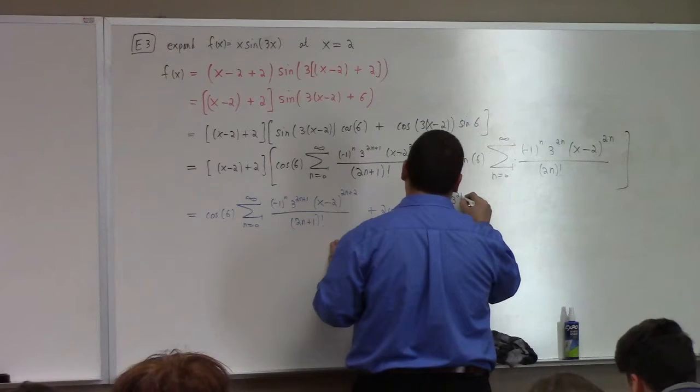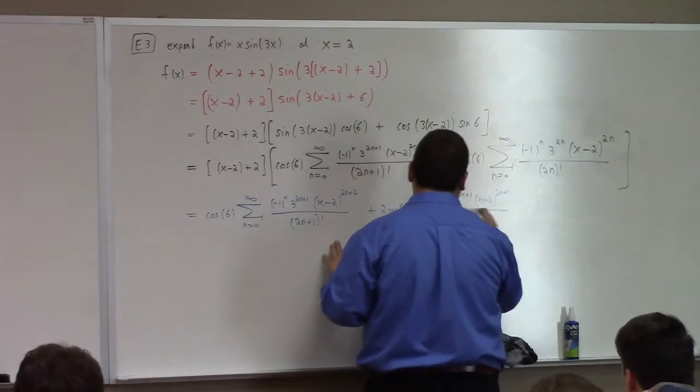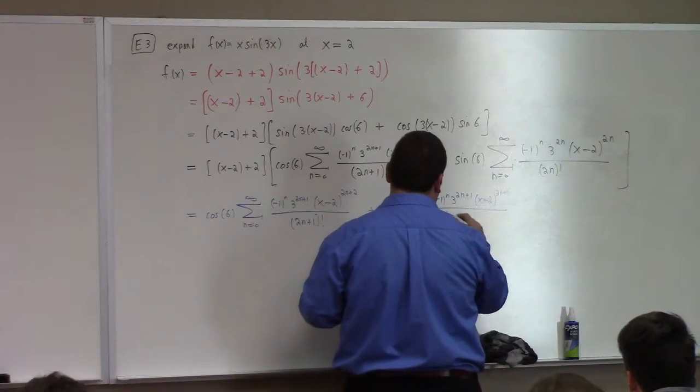All I'm doing is distributing, guys. 3 to the 2n plus 1, x minus 2 to the 2n plus 1, divided by 2n plus 1 factorial.